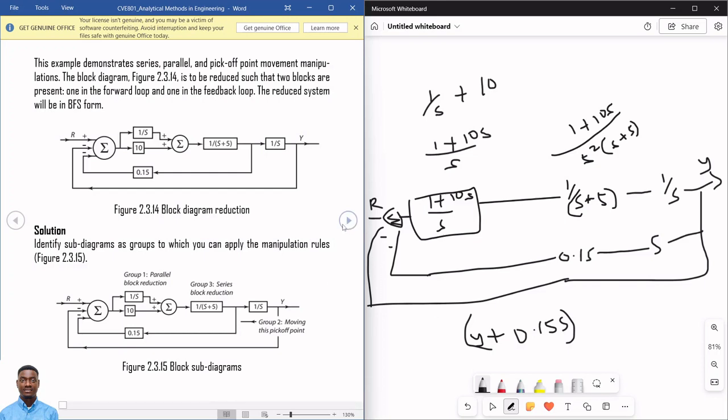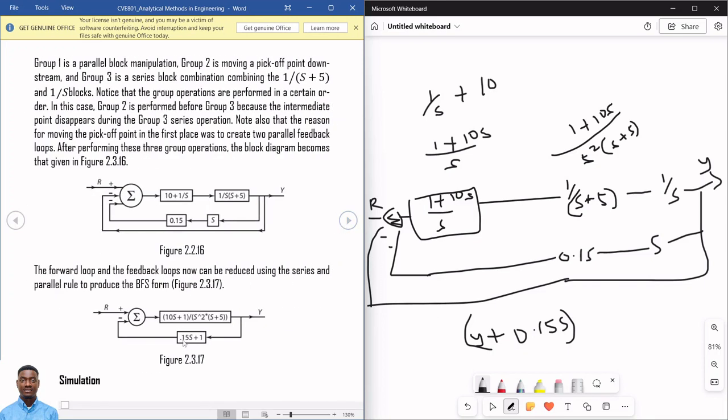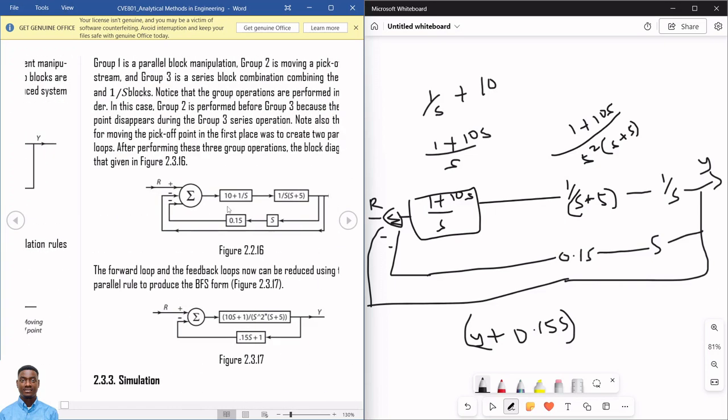Y is on this line, y is on this line. So that is 1 plus 10s divided by s squared, s plus 5. This is the BFS of this system.